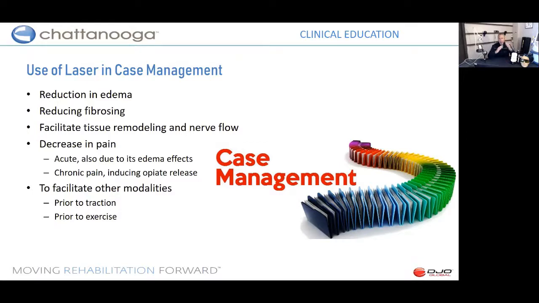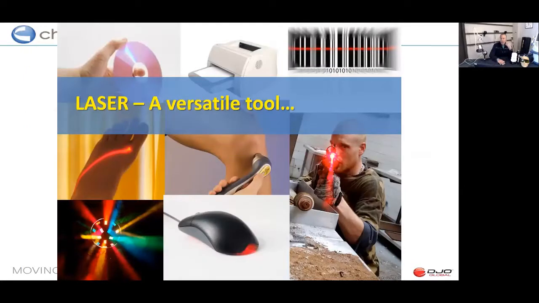So if we can reduce pain or edema related to the cause of that, that may shift that whole process and allow us to be more successful in some of the other things that we do. Least of which, and I use traction as an example, reducing pain and discomfort creates more relaxation, and for it to be successful that is going to be important.